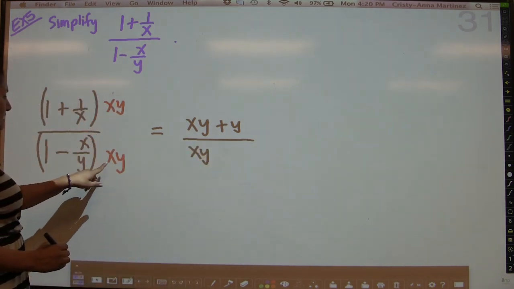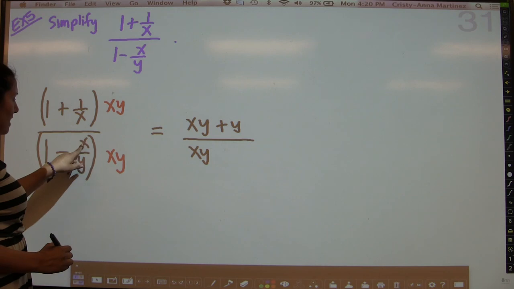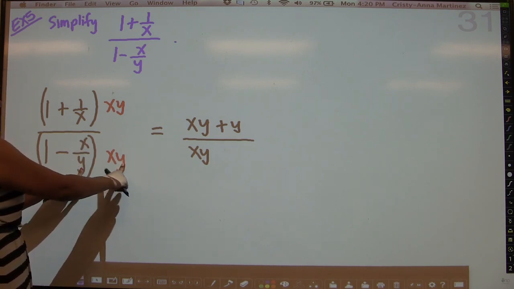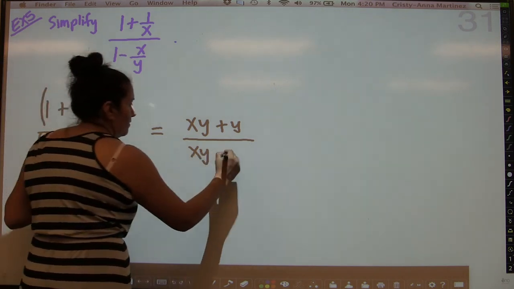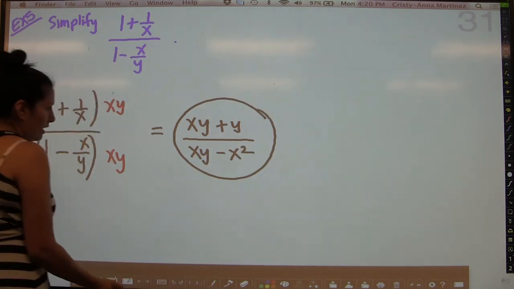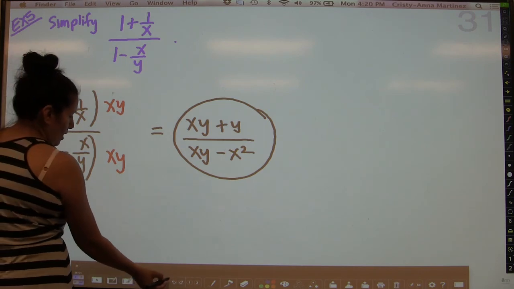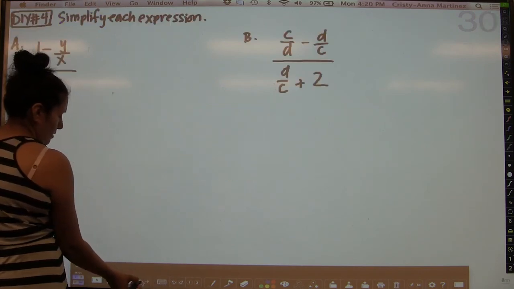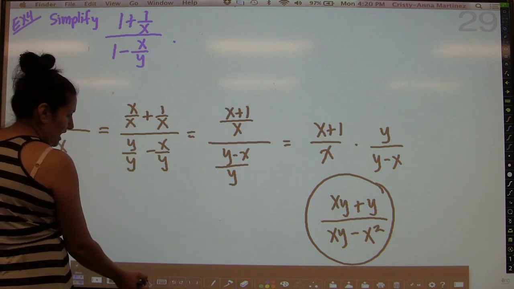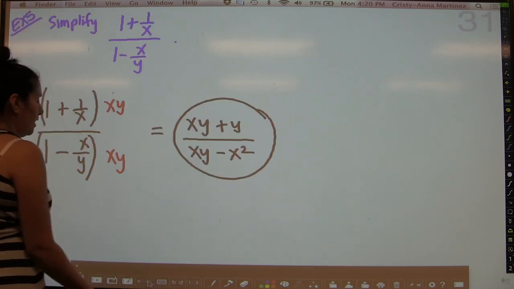And then when I take xy times x over y, the y's are going to cancel, and I'm only going to have x times x, which is negative x squared, and I get the same exact answer that I got earlier, xy plus y over xy minus x squared. You get the same exact answer, but you just get it a lot faster.